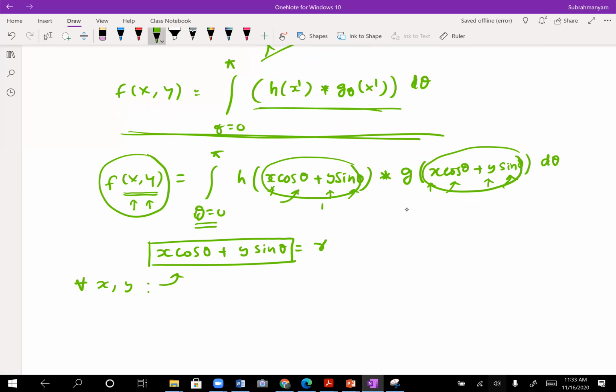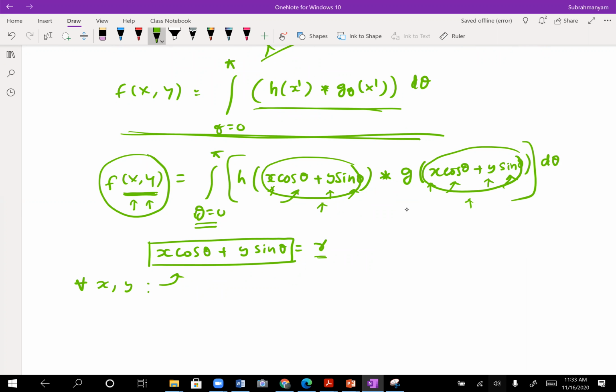For a given value of x cos theta plus y sin theta, this whole value inside the integral is constant, is it not? Now, what would be the locus of all points x and y for which x cos theta plus y sin theta is equal to, let's say, the constant r? Can you tell me that? So theta is also constant. Yeah, for a given theta.